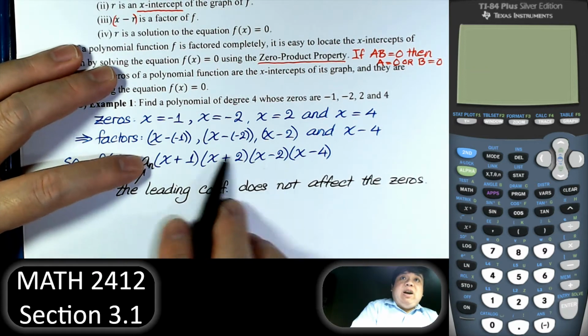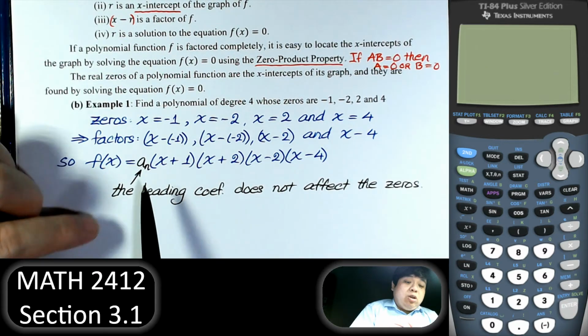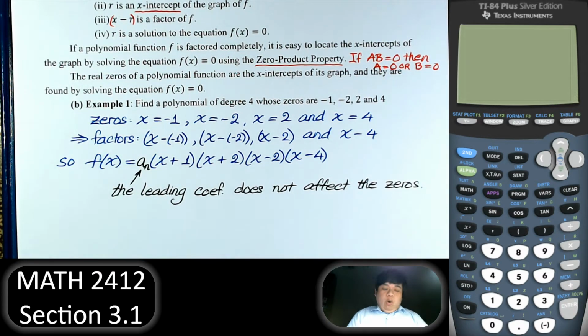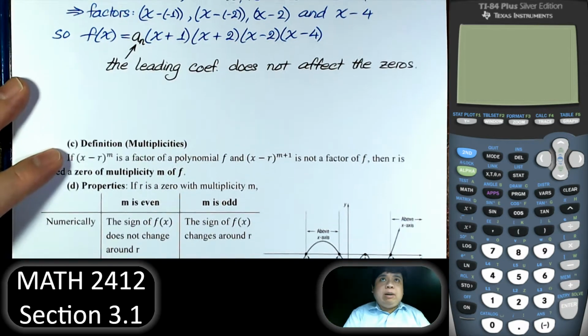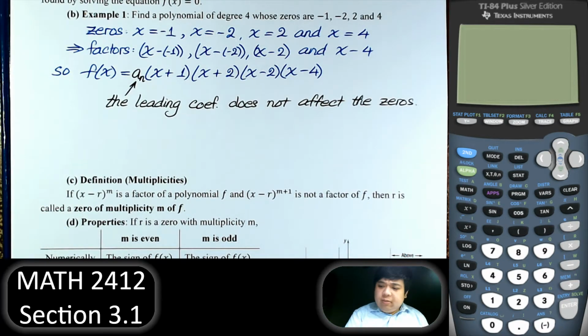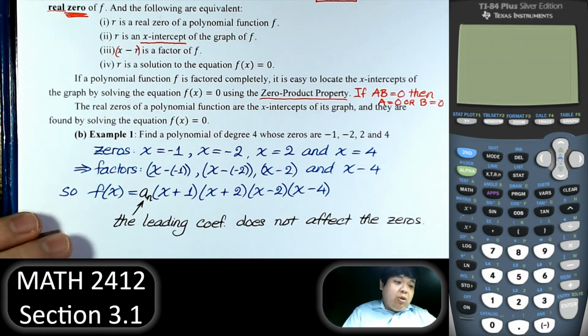Because it does not affect any of the factors. So that's why we just put the leading coefficient there. Right, like I said, we could multiply now, but yeah, let's not do that. So those are the zeros.